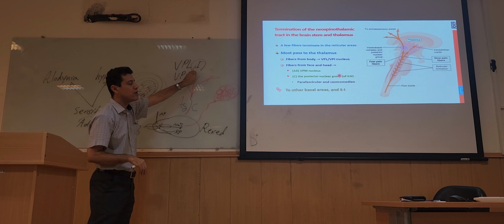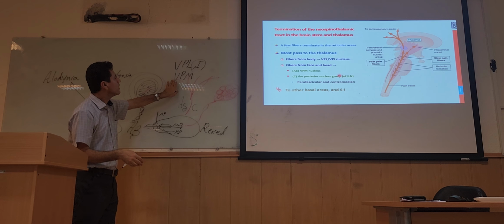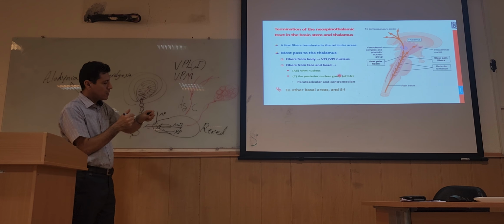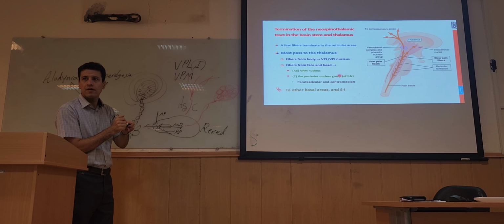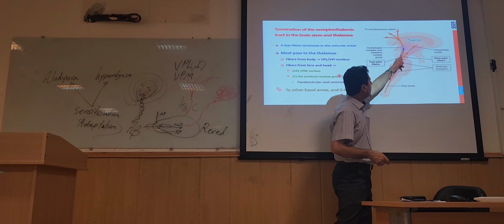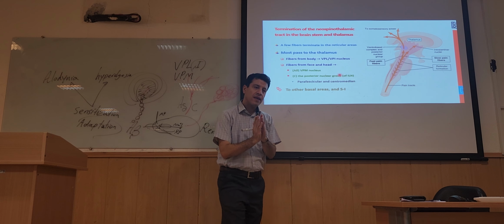Ventral posterior lateral is for the body, ventral posterior medial for the face. So sharp pain or fast pain reaches VPL or VPM, and from here they go to the cortex.